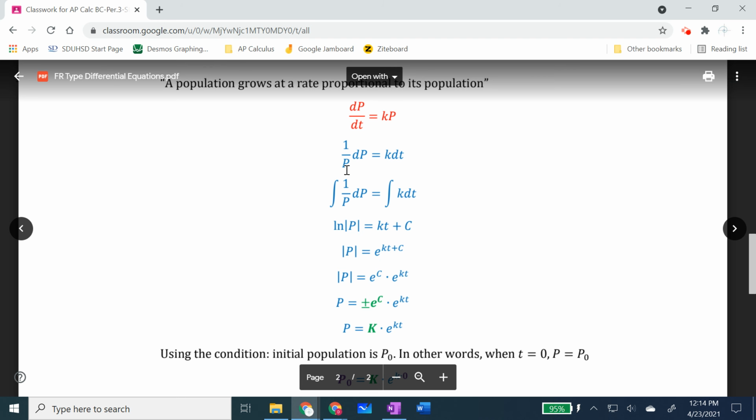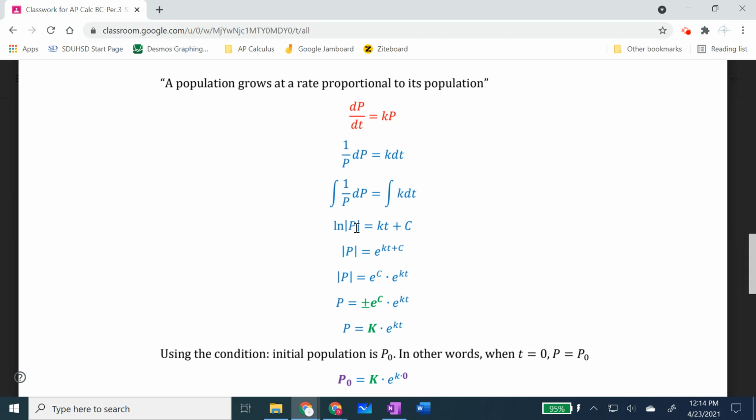When I divide by P, I get natural log of absolute P equals kt plus C. I put both sides to the power of e, and then I have addition in the exponent. That turns into, going backward on the rule you're familiar with, when you are multiplying the same base, you add the exponents.